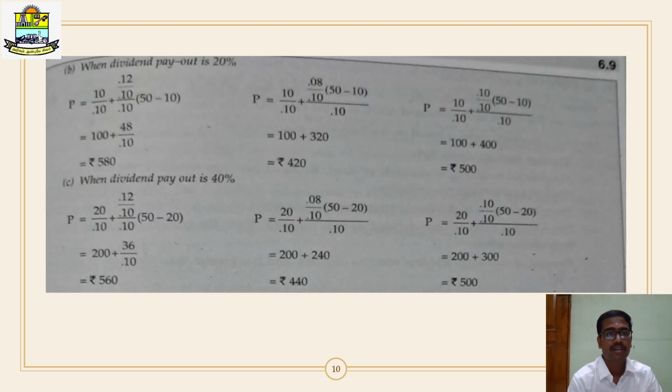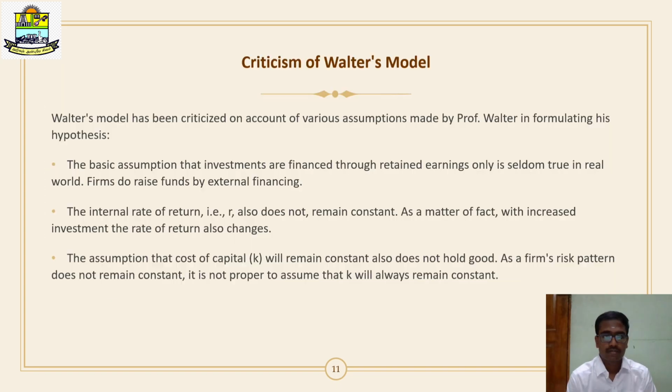So this is the model given by Walter. The same applies for the 40% sum also. The market price is 560 when the capitalization rate is 10% and the rate of return is 12%. So this is followed by different rates of return. Next we go to the criticism of Walter's model.